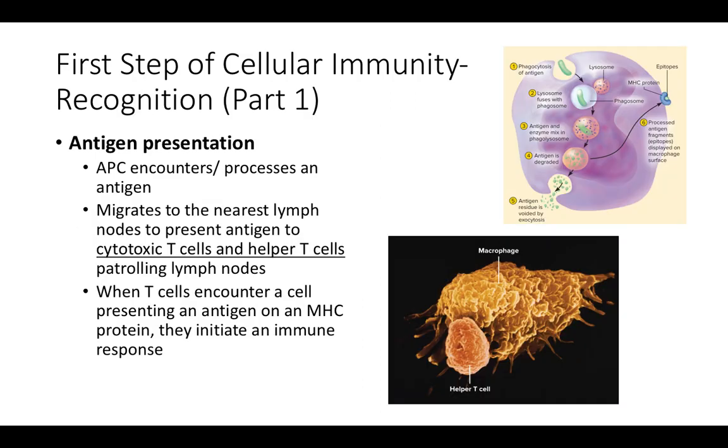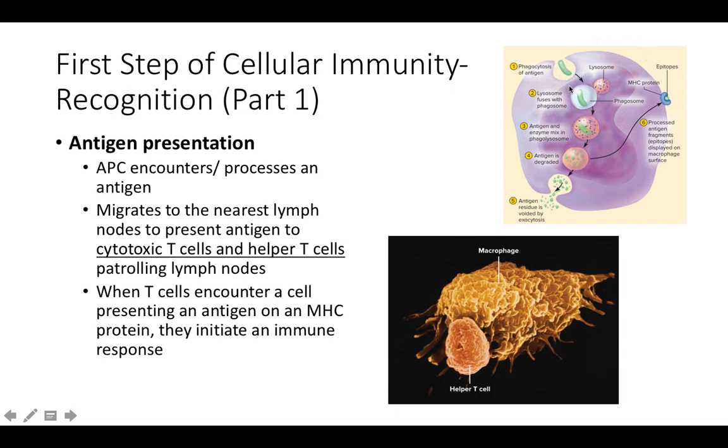The first step of cellular immunity, which we just decided is recognition, and then that first part of recognition, which is antigen presentation. So we've already talked about this in the last section of the chapter, but basically what happens is this big antigen presenting cell here comes into contact with an antigen.